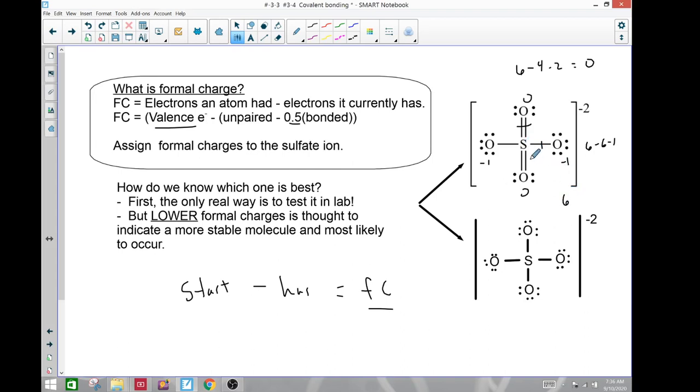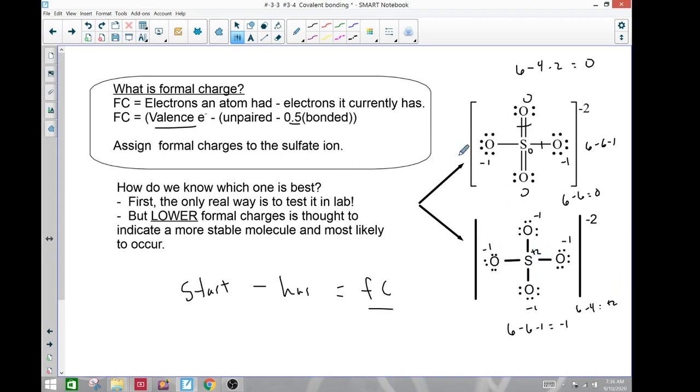Now you can do the sulfur too, which is 6. It's the same as that one. 6 minus 1, 2, 3, 4, 5, 6. Well, 6 minus 6, it is 0. And then all these are the same, which would be 6 minus the 6 it's got, minus 1 is -1. So -1, -1, -1, -1. This guy is 6 minus 4, 1, 2, 3, 4, is +2.